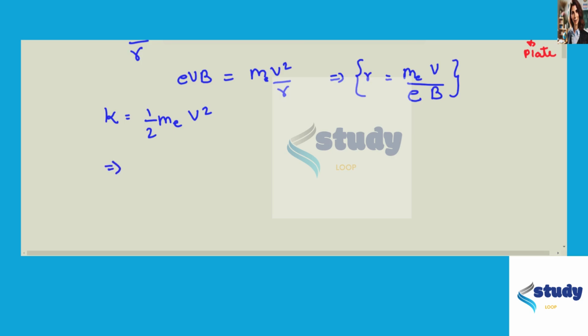From here we find that v is equal to root of 2K upon m_e.